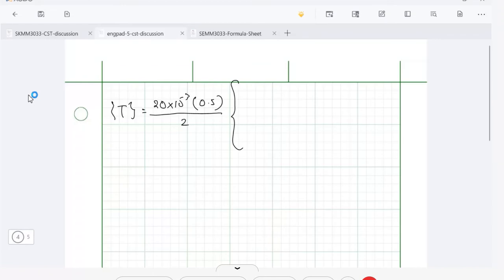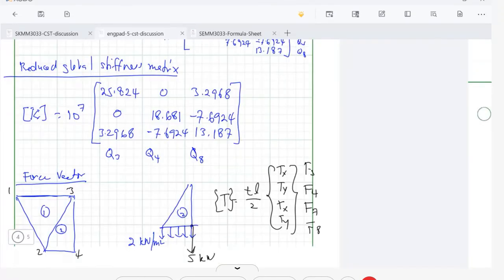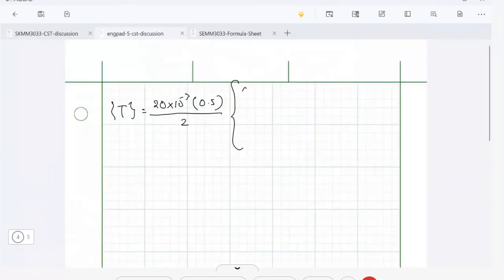In the X direction, there's no such load. And Ty is minus 200, 0 and minus 200. Why is it minus 200? Because it is going downward.